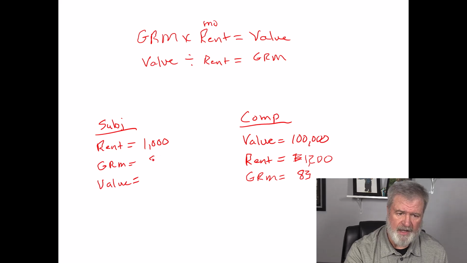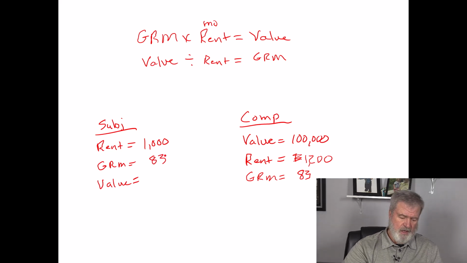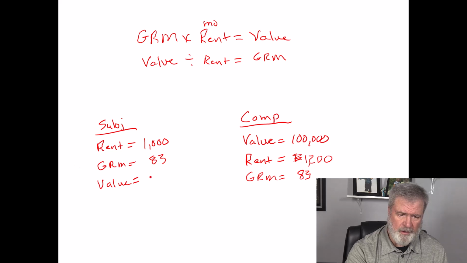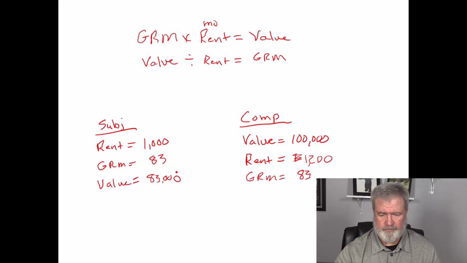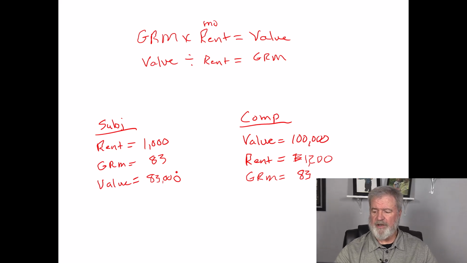So I plug that in with my subject. And now, you just take the $1,000 a month times 83. And that's pretty simple there, I guess. But so now we've got a value of $83,000 for that property.